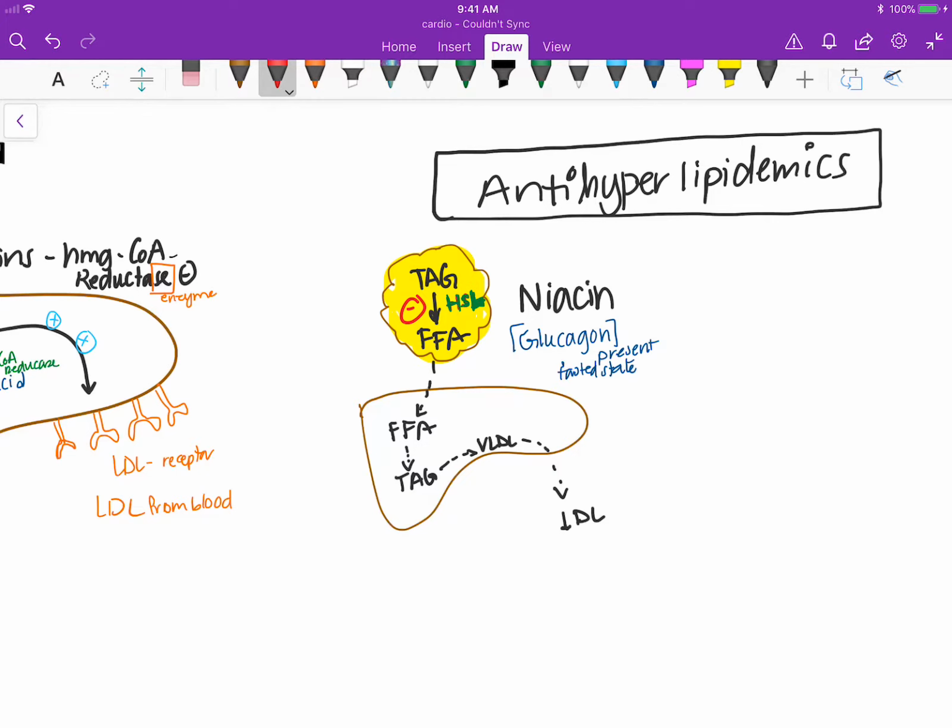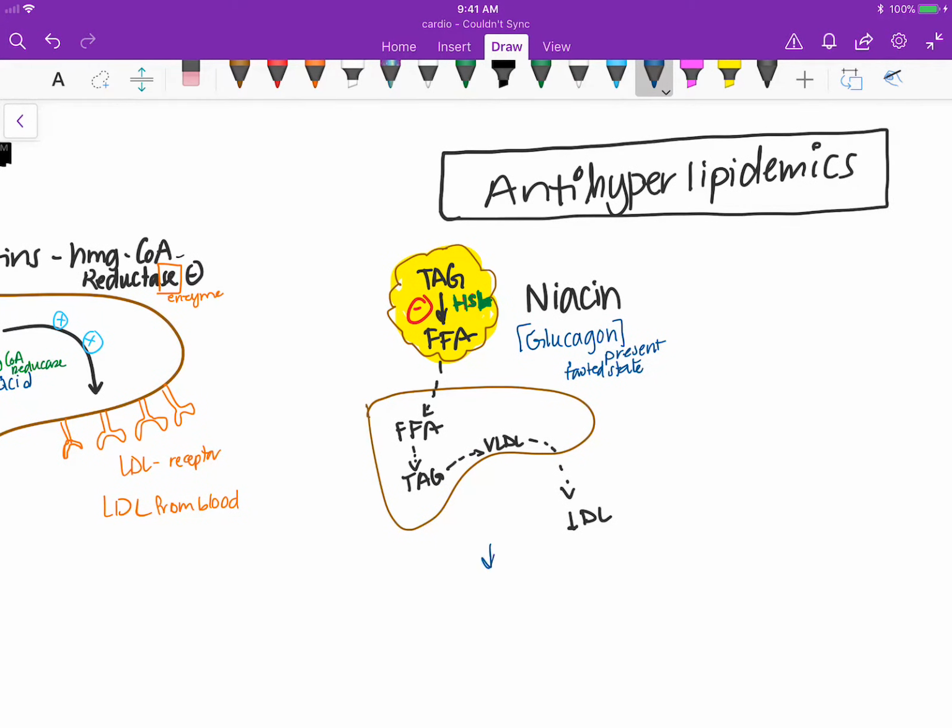So as a result, you have a decrease in LDL. You also have increased HDL. Remember, HDL is the good fat that goes from the tissues to the liver. This is the fat that goes from tissue to liver. So that's the result of niacin.